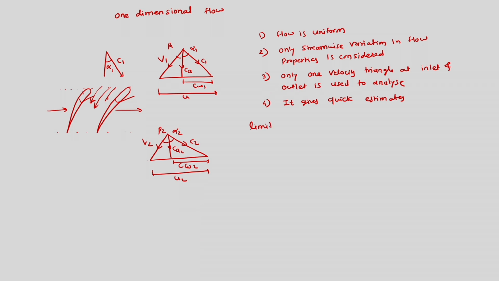But with this improvement from one chapter to another, we are trying to find out what would be the further improvement in the analysis if we look at the limitations of the one-dimensional assumption. There are certain limitations where we know that there is a boundary layer.